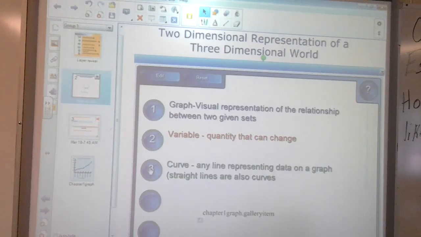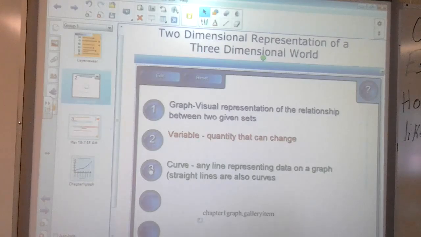And then the curve can be any line representing data on a graph. It can be straight lines too. They call it curves, and you can have a line that curves, but generally, when you think of a graph, you think of straight lines and they intersect.